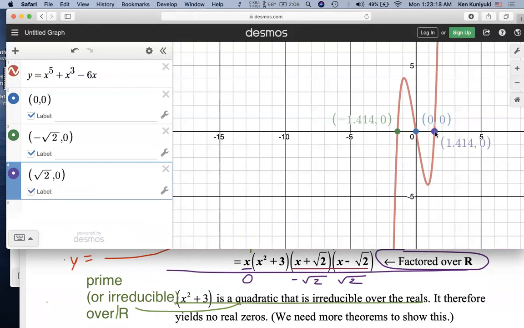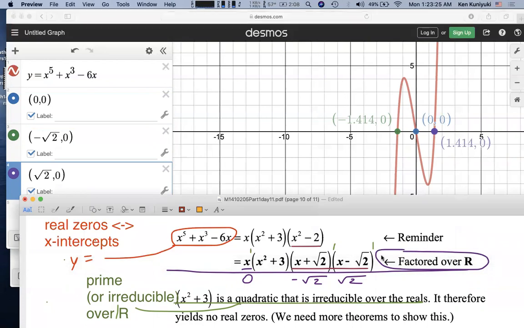And notice that at each of these x-intercepts, the graph will cut. Cut like a snake. And that's because the multiplicities on these factors are odd. They're ones. And we're not going to discuss the x squared plus 3 right now.